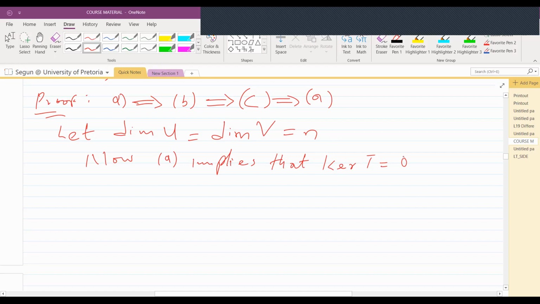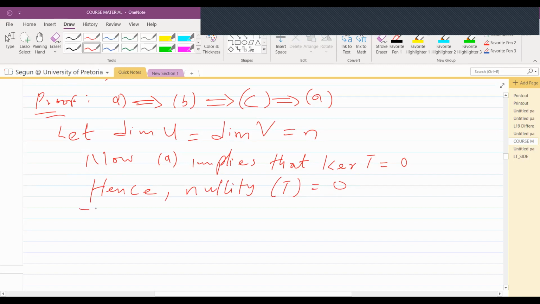From our previous theorem that I've already proved with us on the kernel and the nullity of T. Hence, the nullity of T is equal to 0.